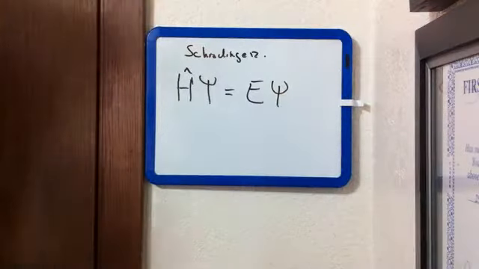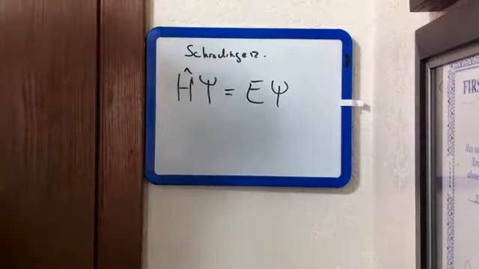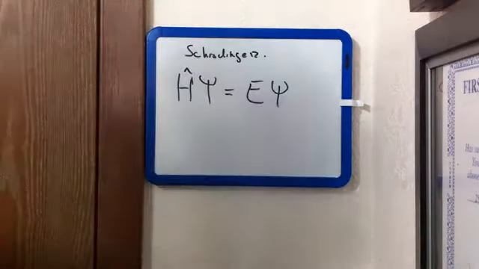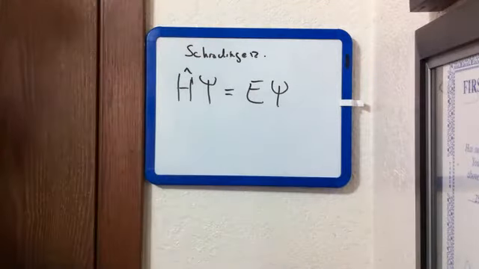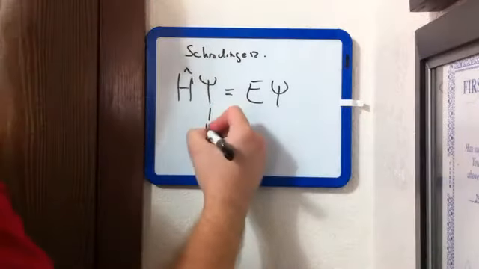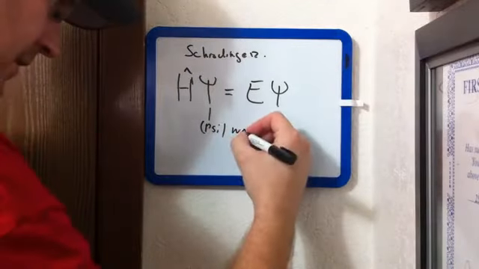And I'm not really going to go into a whole lot of details, simply because the math is pretty complicated, a lot of calculus involved, and derivatives and so on and so forth, but we'll just give you kind of a general idea. So this is the Schrodinger equation, and we have H hat psi equals E psi. Psi is what's known as the wave function.